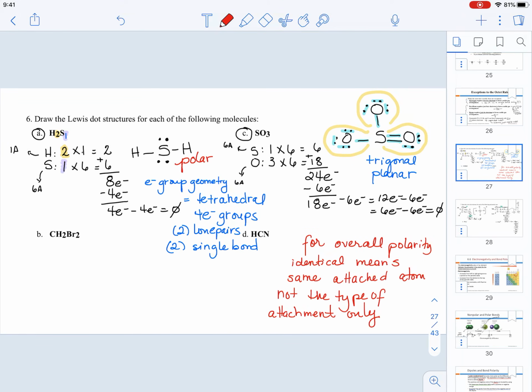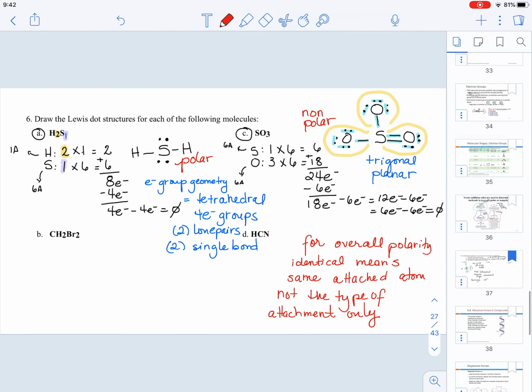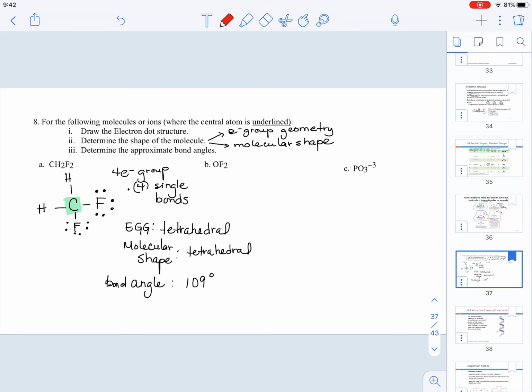Overall, SO3 is a non-polar molecule. If we look at the last Lewis dot that we did, as you can see in CH2F2, this is a tetrahedral molecule with the groups around the central atom not identical, so this molecule is polar.